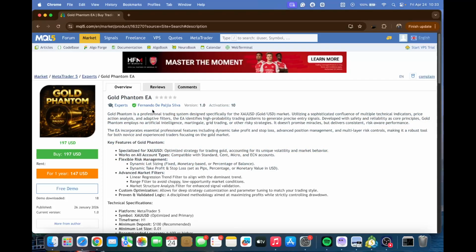Fernando, who is the developer of this Gold Phantom EA, presents it as a system that uses a sophisticated confluence of multiple technical indicators, price action analysis, and adaptive filters. It uses all of this to spot high probability setups on gold.